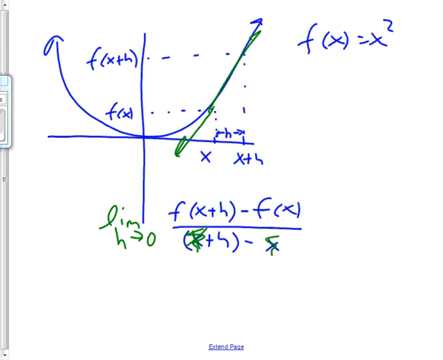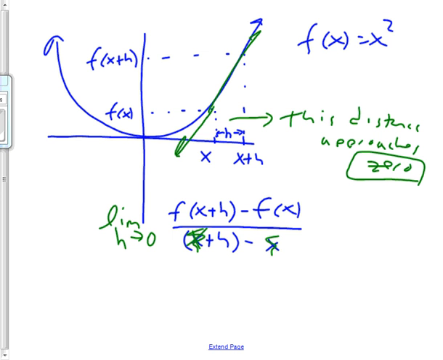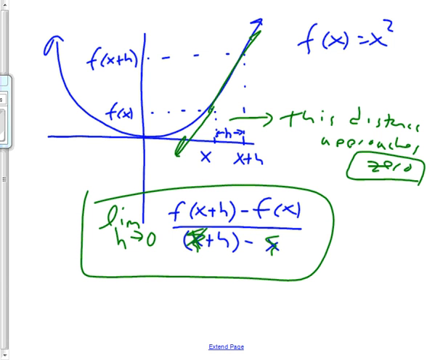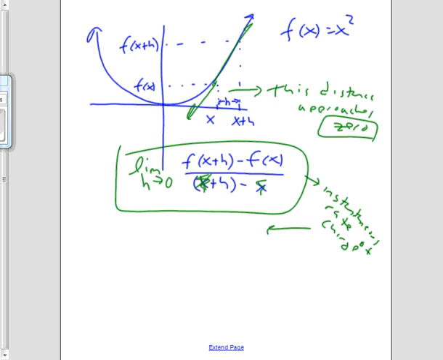In other words, this distance approaches 0. This whole thing tells us the instantaneous rate of change. Or, in other words, it tells us the derivative.